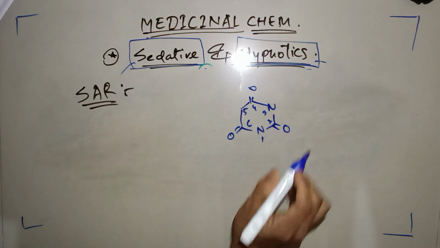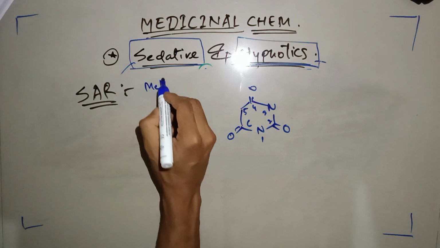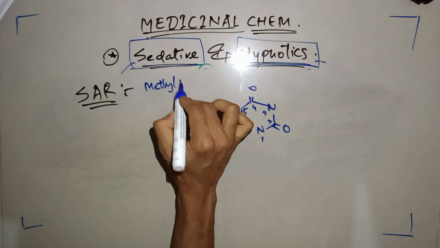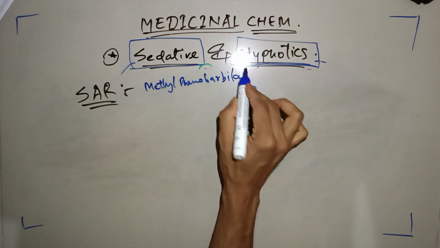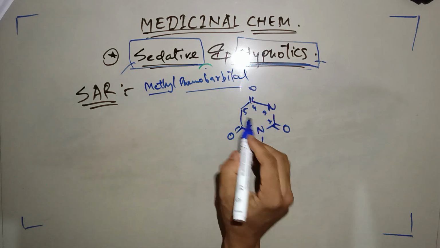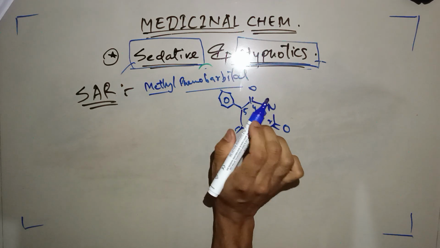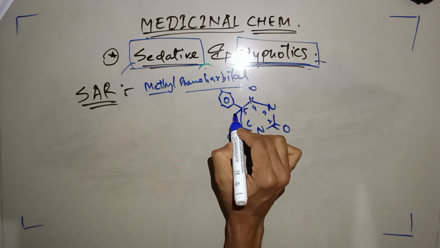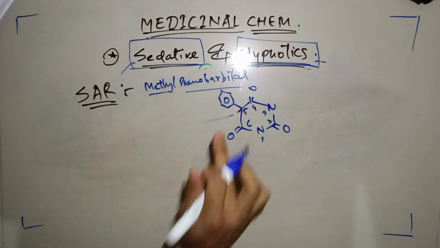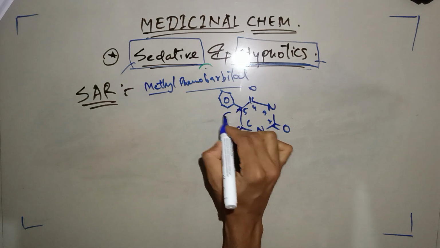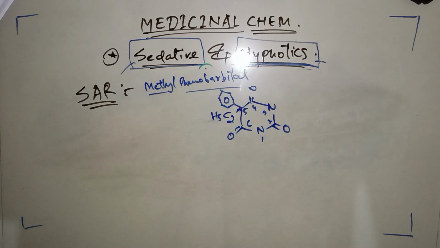Okay. Now, in the fifth position of methyl phenobarbital, you will see a benzene ring present here. Along with this, you will see an ethyl group present. Like this, you can also write single bond C2H5.